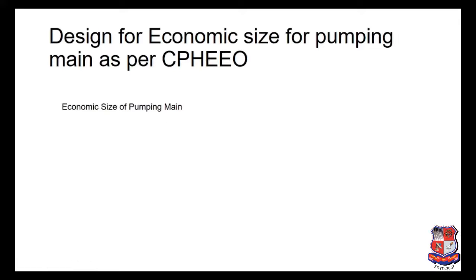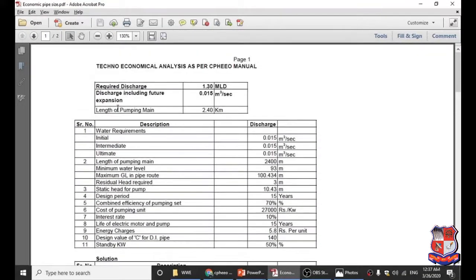But if we are designing the pipeline or rising main, then we have to design as per the CPHEO guidelines, right? So that is the techno-economical size for the pumping main. I will show you one example of how to calculate economic size of pumping main as per CPHEO manual.